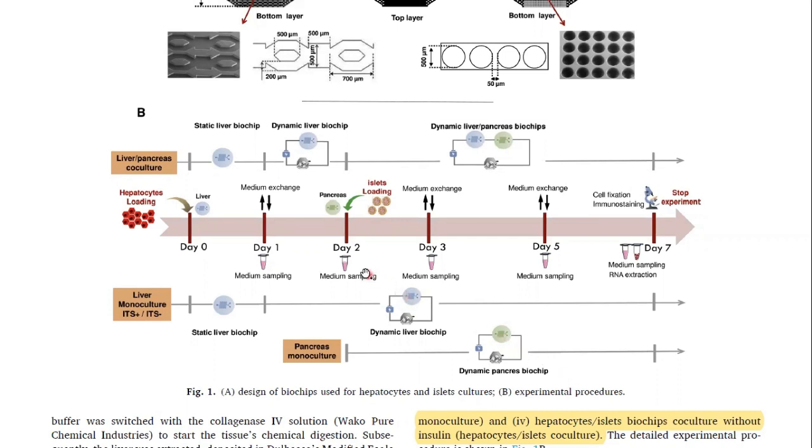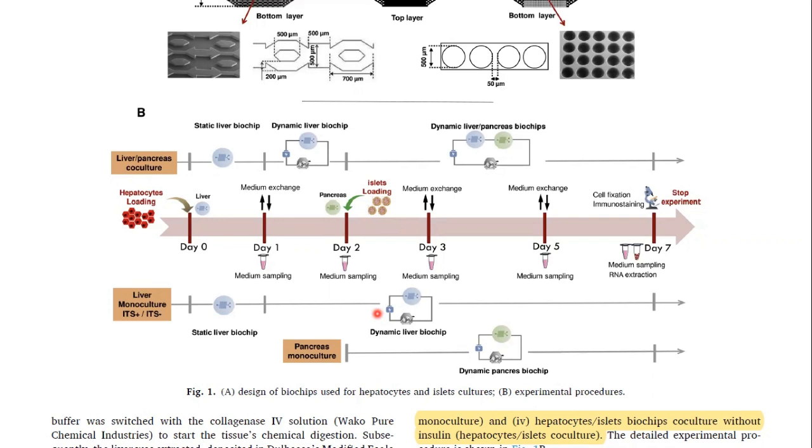For the hepatocytes biochip cultures observed here, biochips were coated with rat tail type 1 collagen and incubated at 37 degrees Celsius in an atmosphere supplied with 5% CO2 for 1 hour. After that, it was washed with seeding medium and the freshly isolated hepatocytes were loaded. The hepatocyte population was about 5 10 to the 5th cells per biochip.